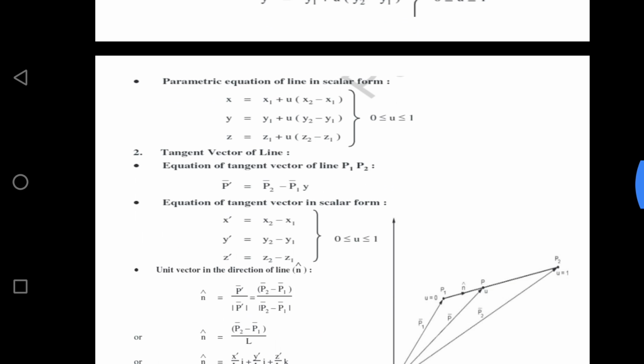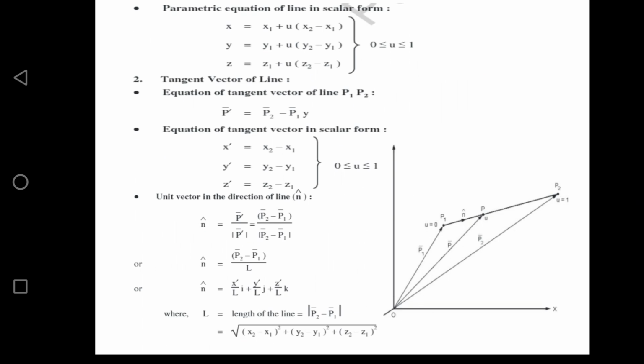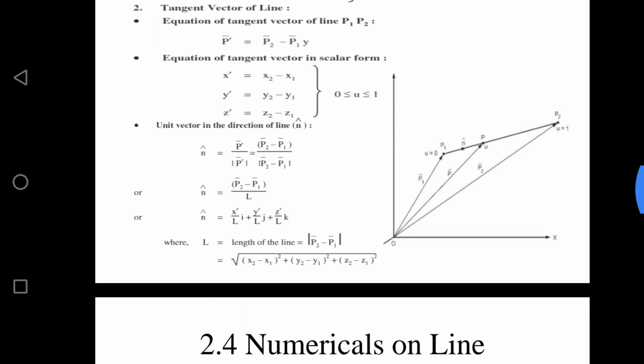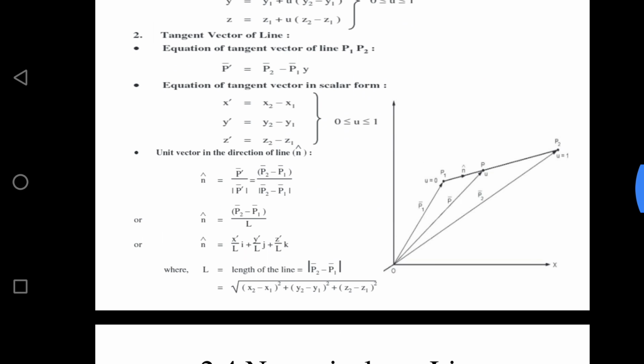Along with that, we derived the tangent vector of a line, a unit vector in the direction of the line, and the length of the line. The length of the line is the magnitude of p2 bar minus p1 bar, which is the square root of (x2 minus x1) whole square plus (y2 minus y1) whole square plus (z2 minus z1) whole square. So this is the parametric representation of your line.